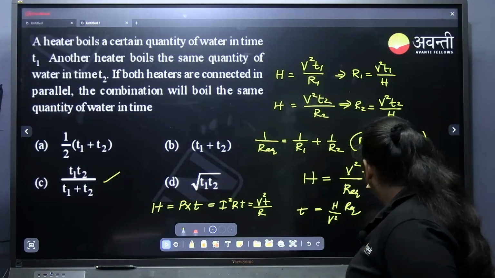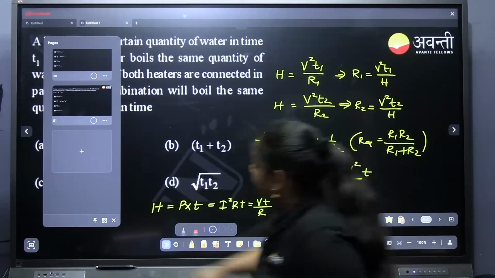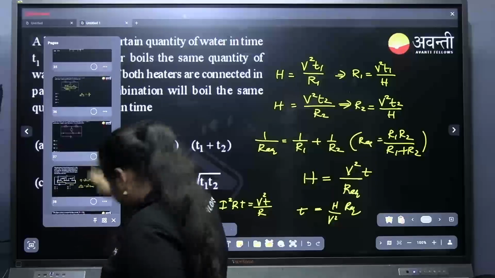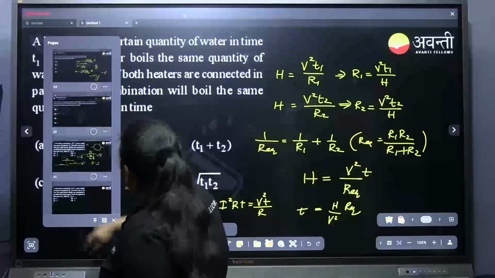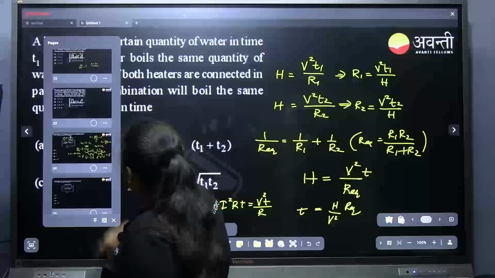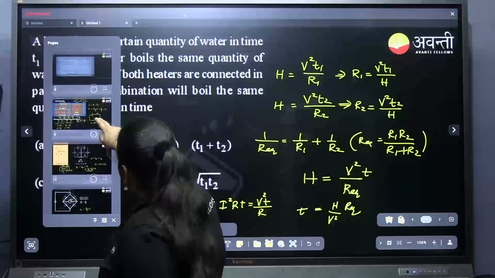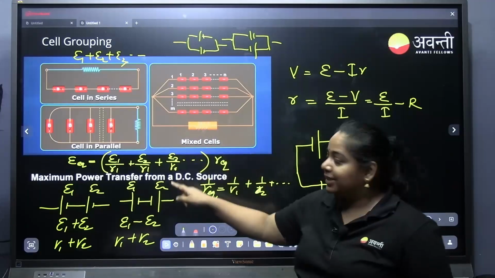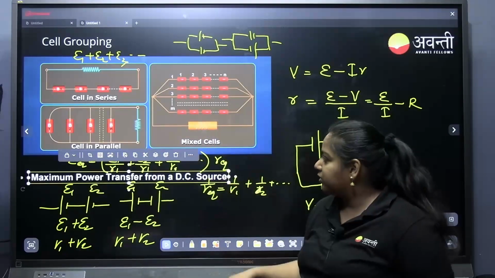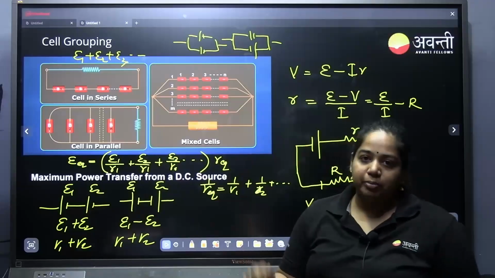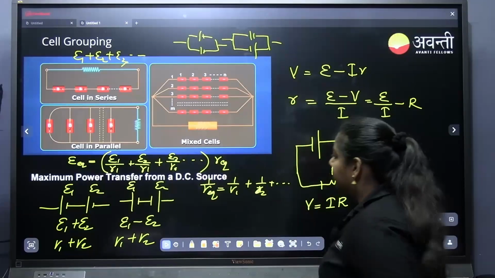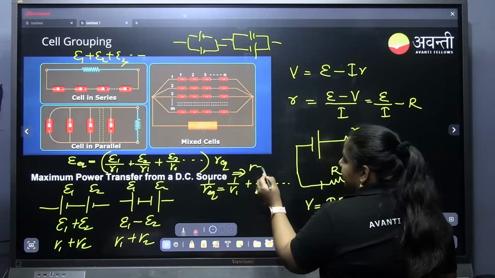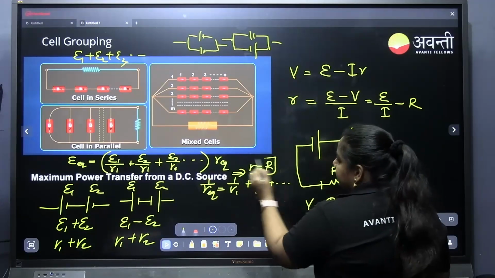And one additional point I forgot to tell you guys. In the grouping of cells, we talked about maximum power transfer. Maximum power transfer will happen if internal resistance equal to external resistance.